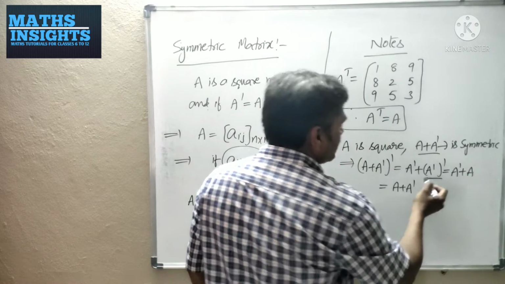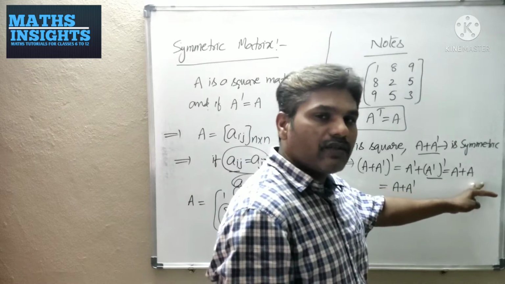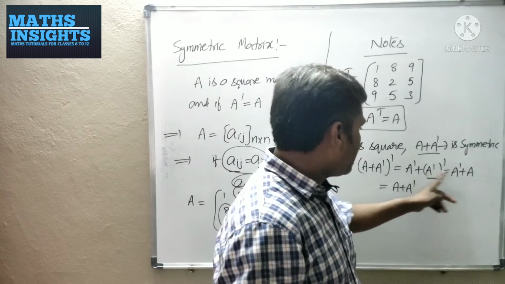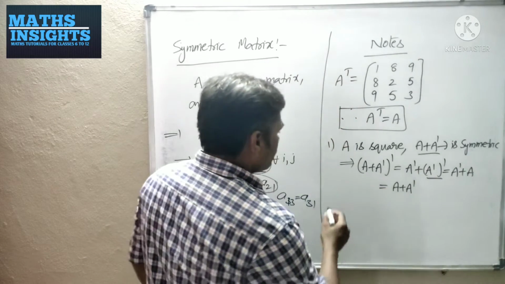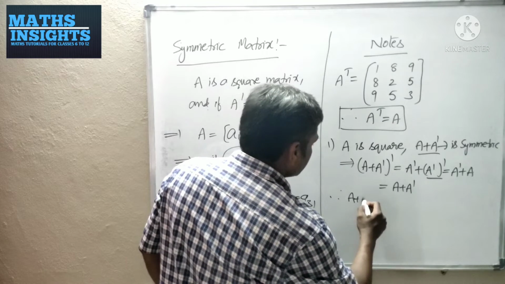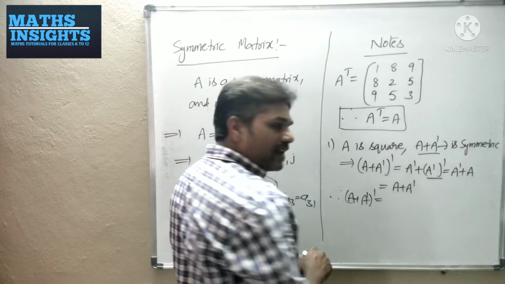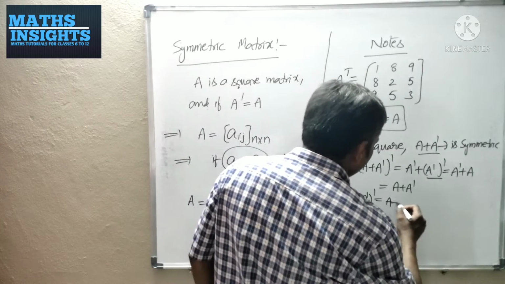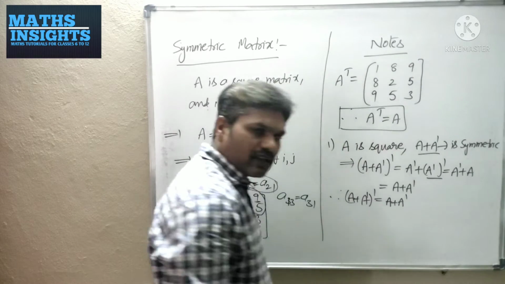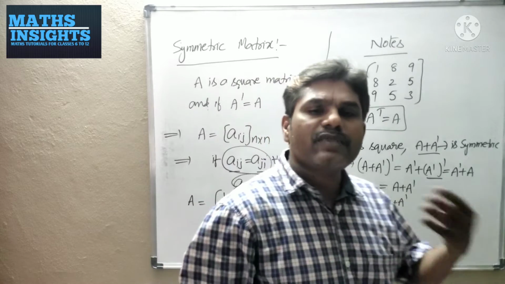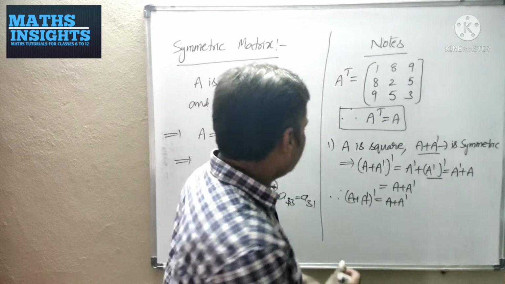Why? Because A dash whole dash is again A. If you do the transpose twice, you get A back. Therefore, A plus A dash whole dash is equal to A plus A dash. Therefore, A plus A dash is a symmetric matrix.